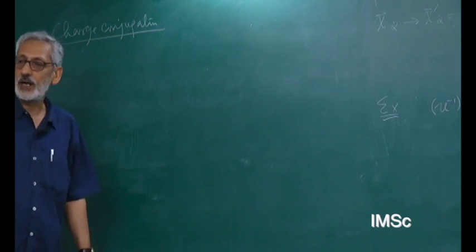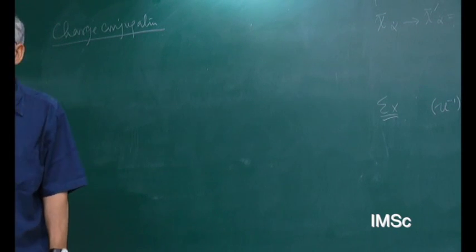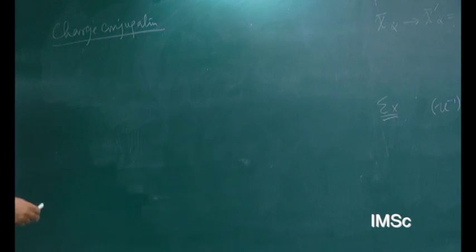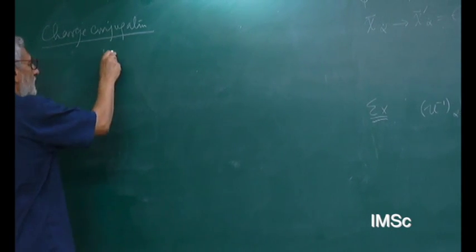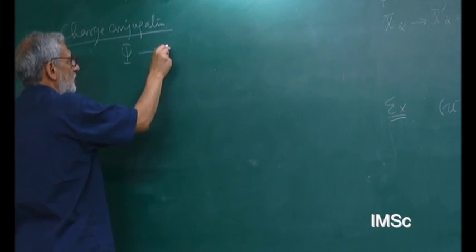You would have studied how Dirac fermions transform under charge conjugation. How does charge conjugation act on a fermion? Psi under charge conjugation goes to psi c.